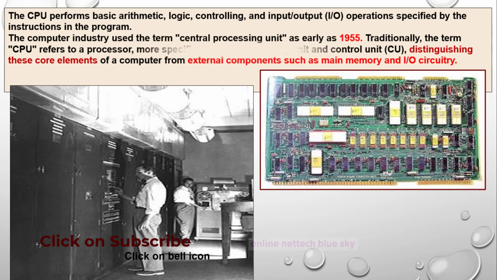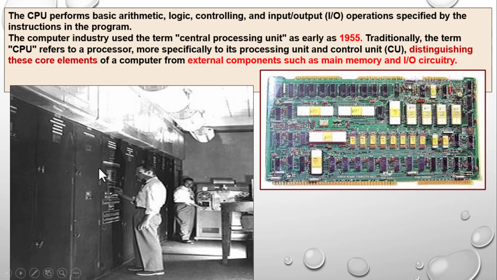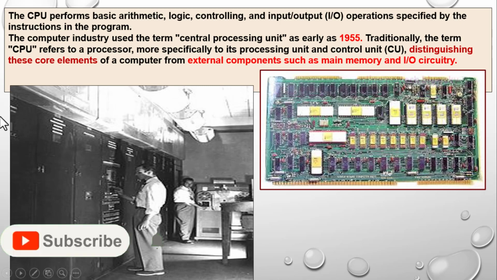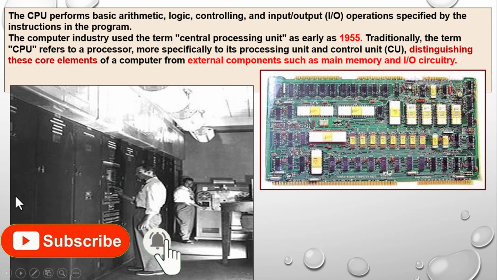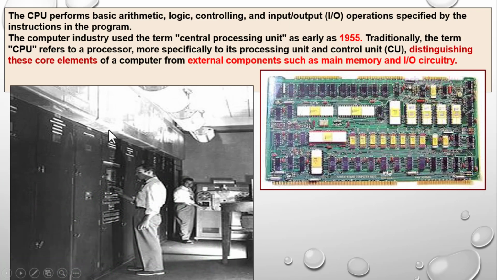And the third generation, you can see here, is a small chip. The computer industry used the term central processing unit as early as 1955. You can see here 1955 using the central processing unit. But it was very big, used much more power, and sometimes got very hot.